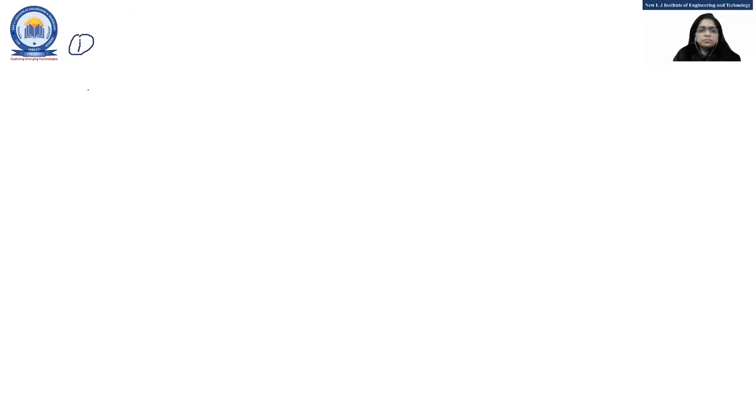Number 1, null hypothesis H naught, that is sigma 1 square equal to sigma 2 square. It means two populations have the same variances, right?